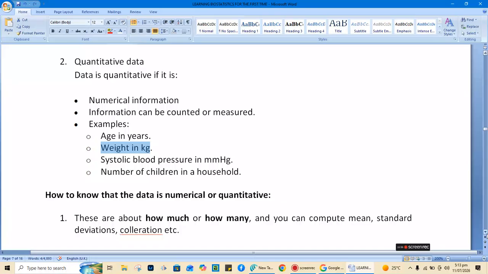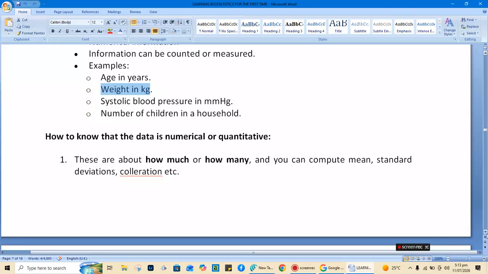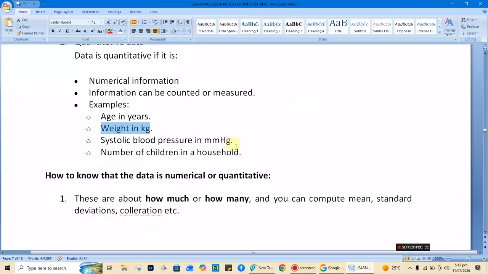So anyway, quantitative data is data that is numerical. The information can be counted or measured. Whenever an instrument is involved to measure whatever you are measuring, the data that you collect from using an instrument is called quantitative data. I think that is the thing that can help you to actually know that this data is quantitative.